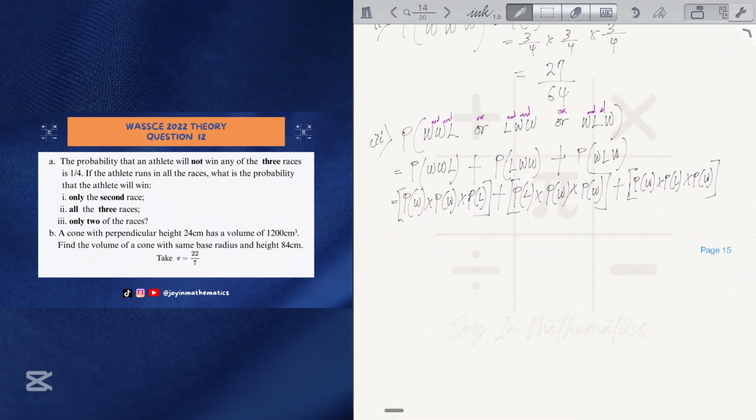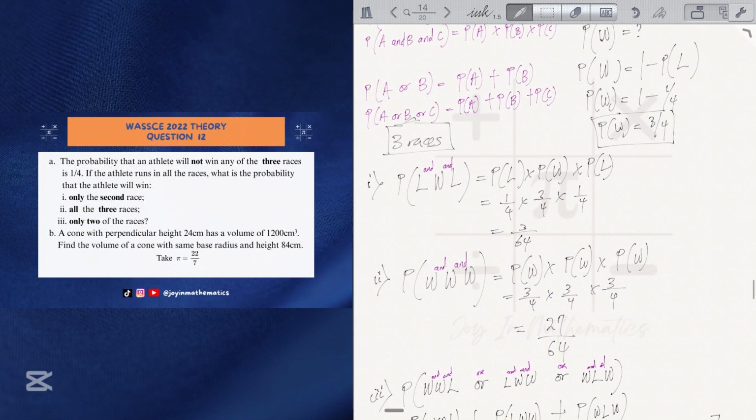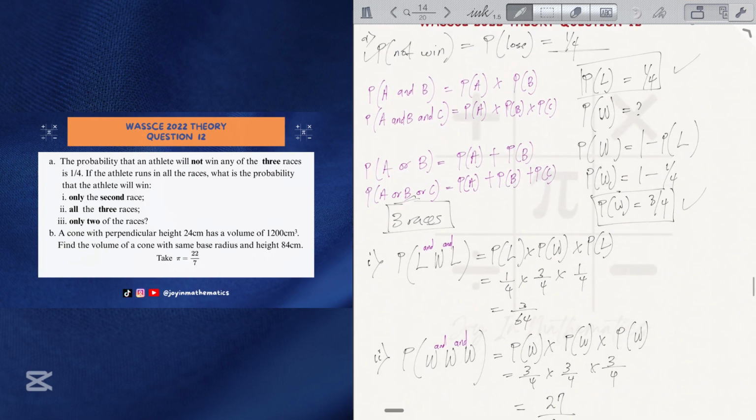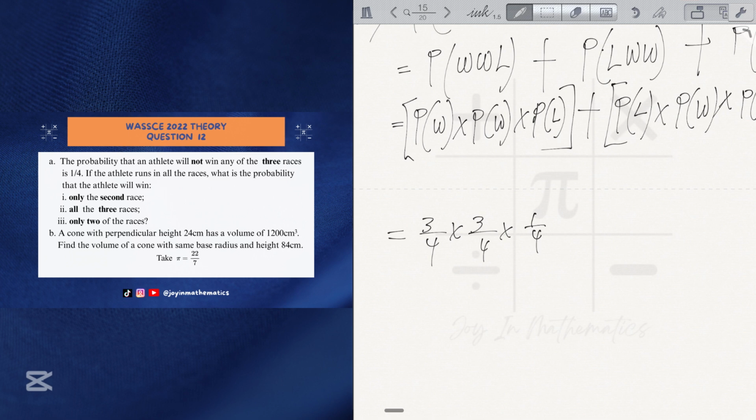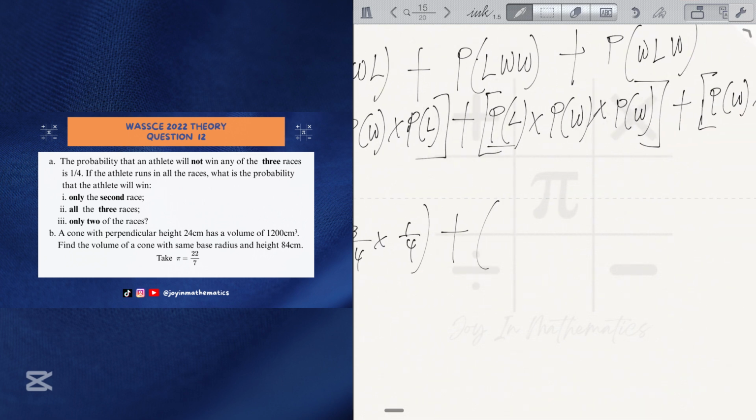So now all we have to do is substitute our values. Probability of winning is 3/4 and the probability of losing is 1/4. So probability of winning, 3/4. Probability of winning, 3/4. Probability of losing, 1/4. Plus probability of losing, 1/4.